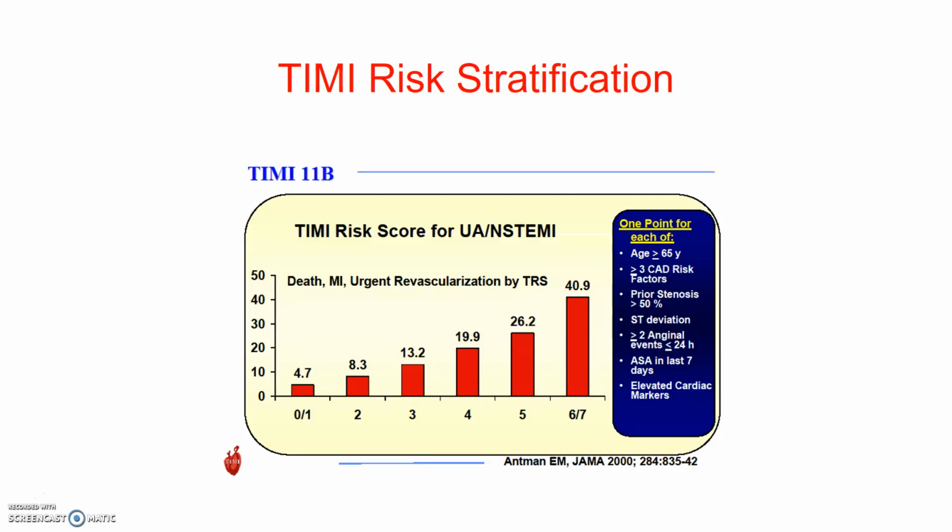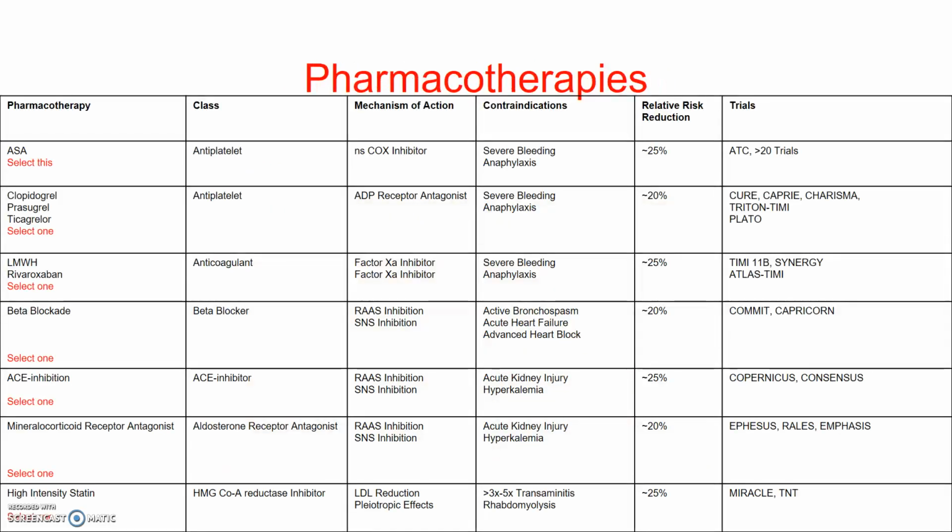and elevated cardiac biomarkers. The pharmacotherapies are important, and in this table we've identified the key regimen or guideline-directed medical therapy, their class, mechanism of action, any contraindications, the relative risk reduction, and the landmark trials that basically prove their efficacy and safety.